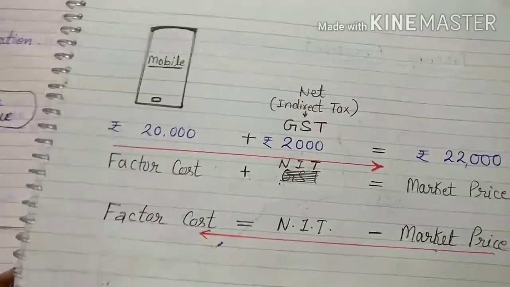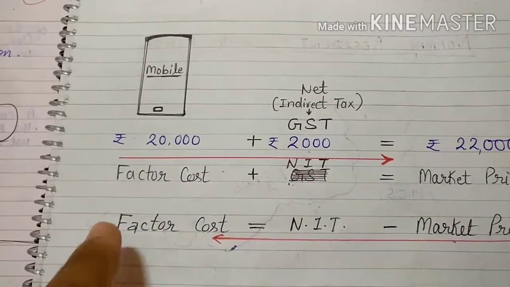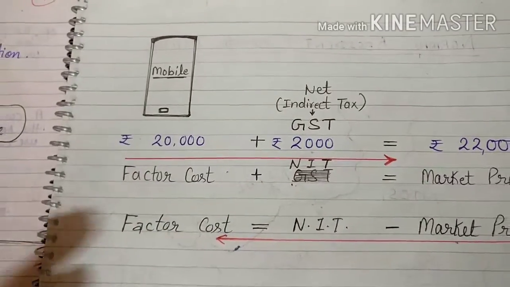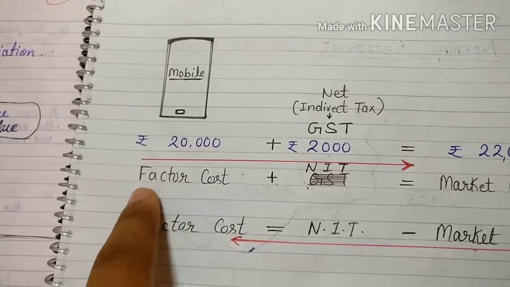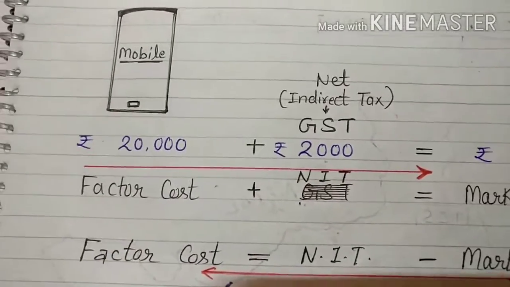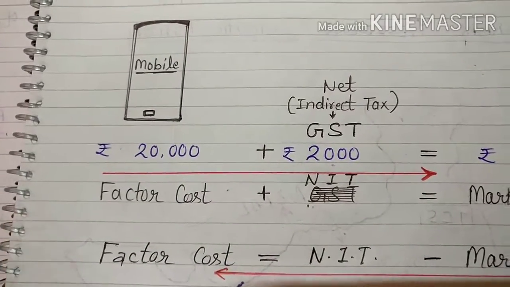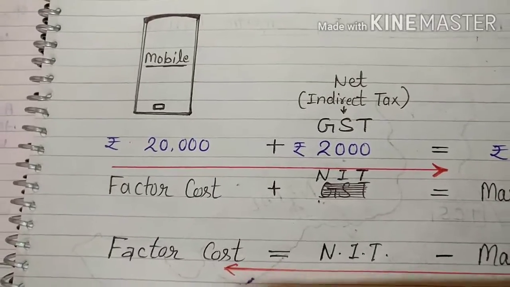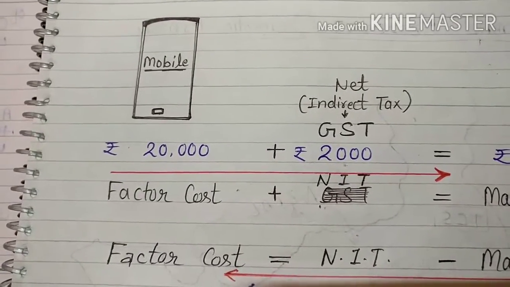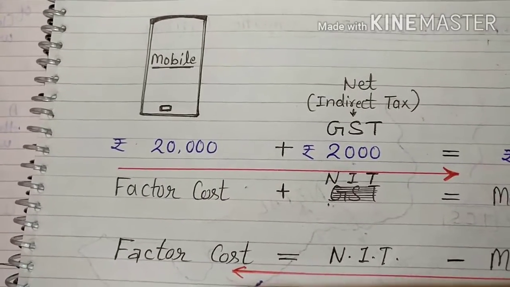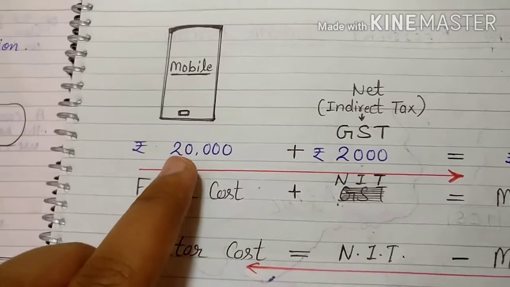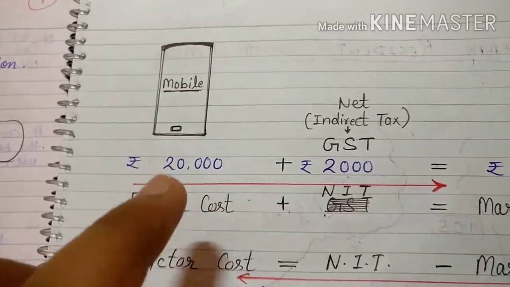Now take an example. There is a mobile whose cost is 20,000 rupees. That is factor cost. Suppose I am the producer and I have produced a mobile. I have paid 20,000 to the factors of production, and in that 20,000 I have included my profit also.